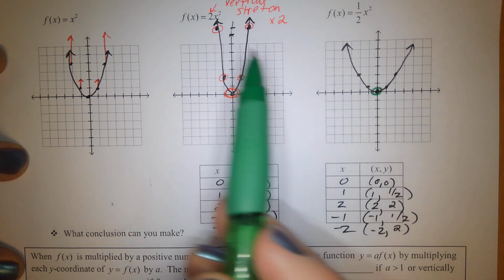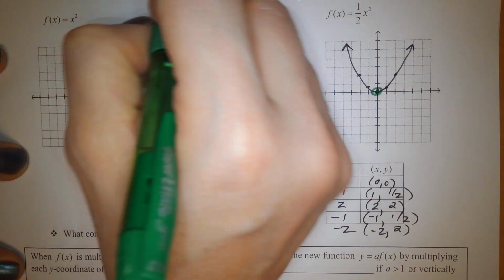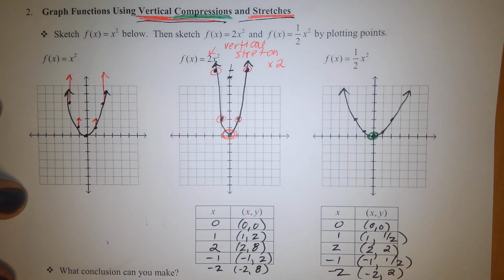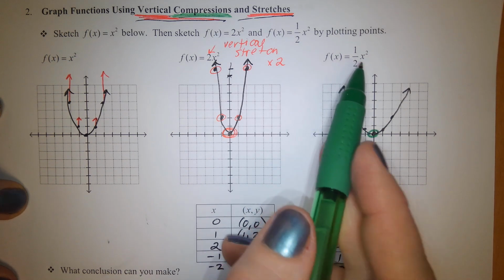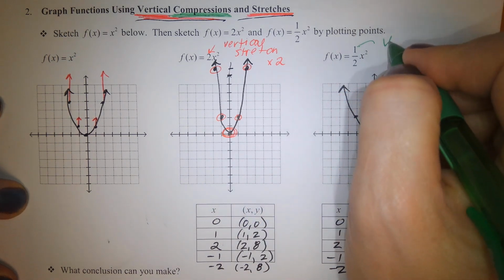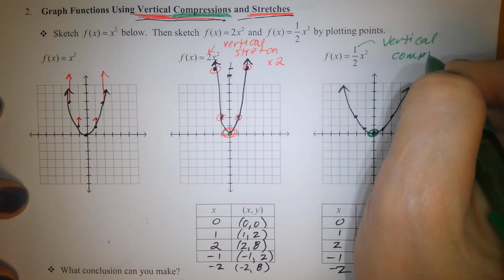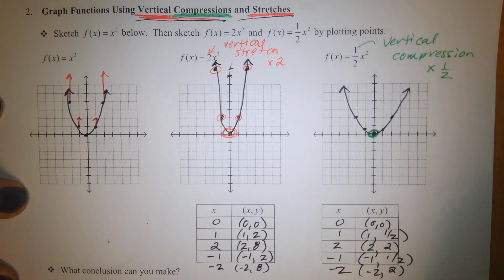What does happen is each of these individual points will be vertically compressed down to half of its size. Since it's a number smaller than 1, this number is going to be a vertical compression or squeezing of 1/2.